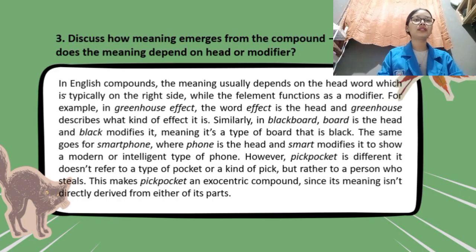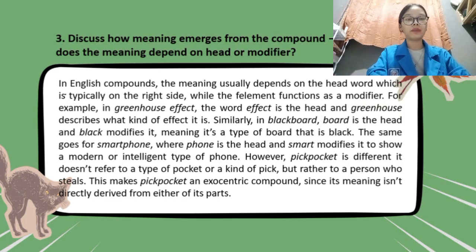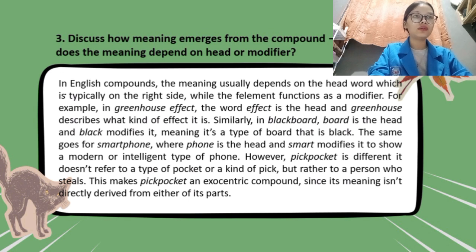Number three, discuss how meaning emerges from the compound. Does the meaning depend on head or modifier? In English compounds, the meaning usually depends on the head word, which is typically on the right side, while the left element functions as a modifier. For example, in greenhouse effect, the word effect is the head and greenhouse describes what kind of effect it is. Similarly, in blackboard, board is the head and black modifies it, meaning it's a type of board that is black.